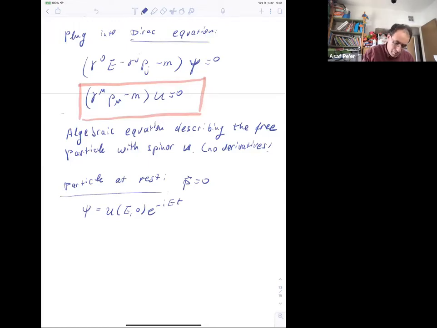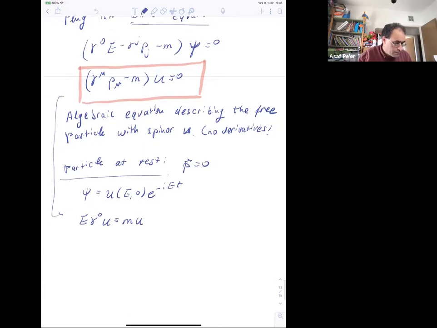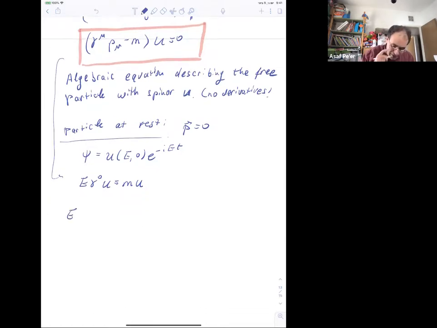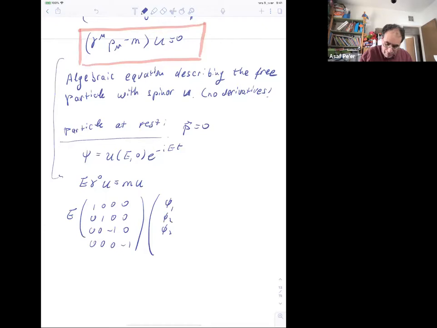Using that in the algebraic Dirac equation, we end up with E gamma 0 u equals m u. We can express that as an eigenvalue equation for the components of the spinor. Gamma 0 is just the matrix with diagonal entries 1, 1, minus 1, minus 1, acting on phi 1, phi 2, phi 3, phi 4, equals m times phi 1, phi 2, phi 3, phi 4.